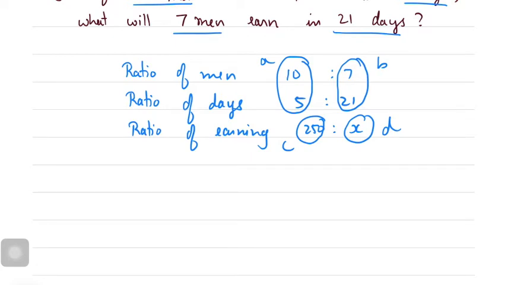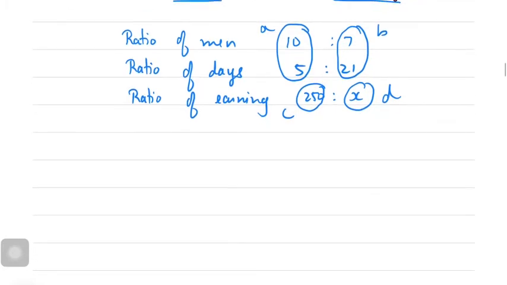Okay. So 10 men working for 5 days, 7 men working for 21 days. Okay. If number of men are more or number of days are more, the salary would be more, earning would be more. Right. So this is the question of direct proportion. Okay, so hence 10 is to 7 and 5 is to 21 is equal to 250 is to x.